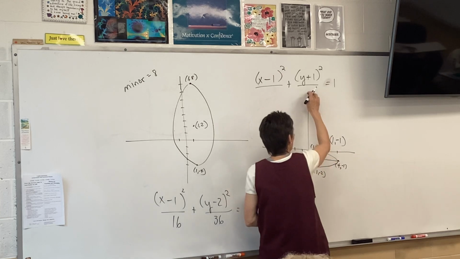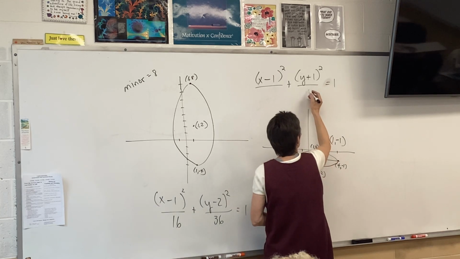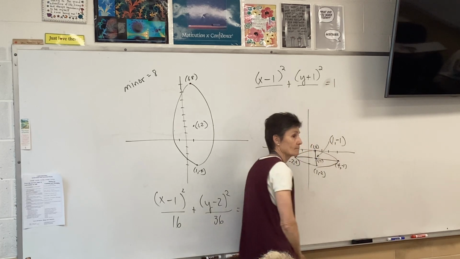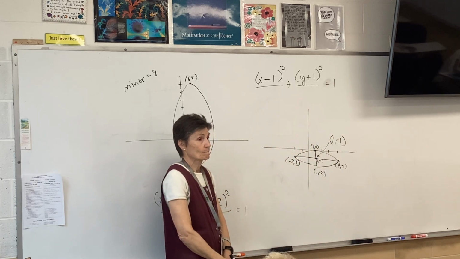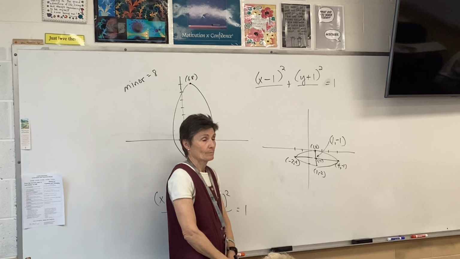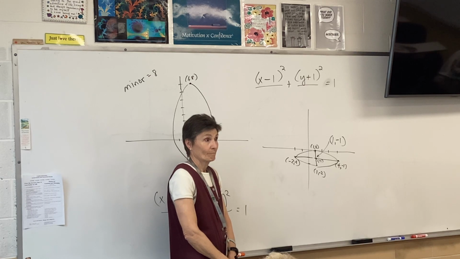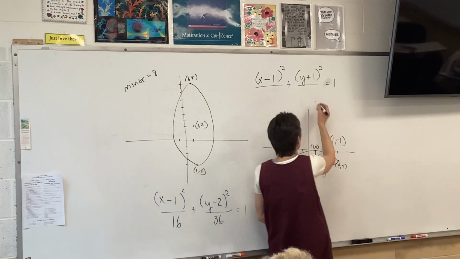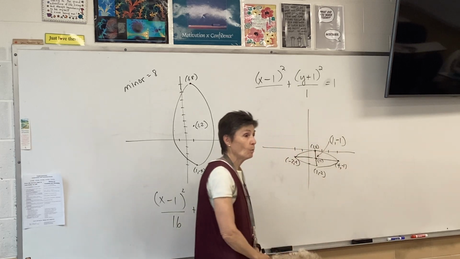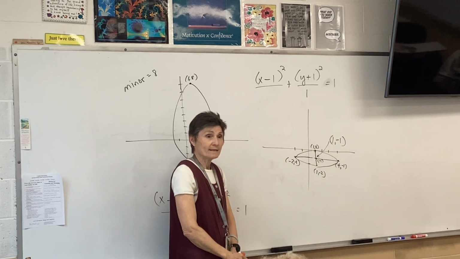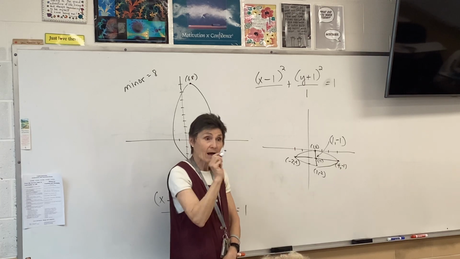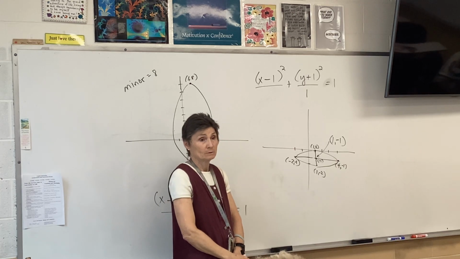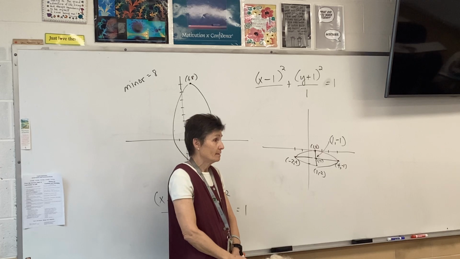Which means what number has to be under here? Because what's the square root of 1? 1. And the square root of that number is how far up and down you're going to go. Square root of 1 is 1.